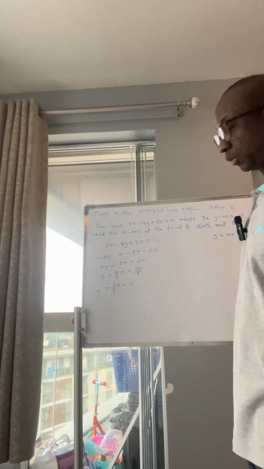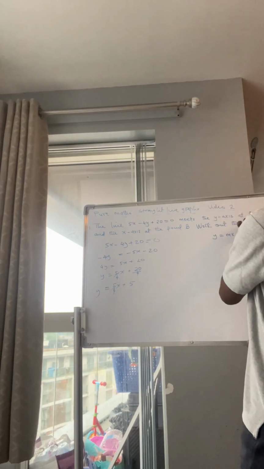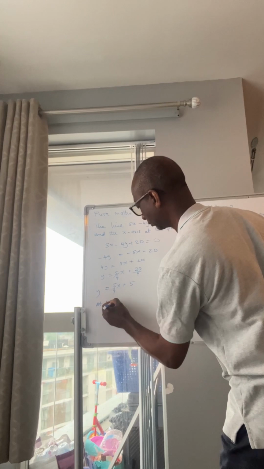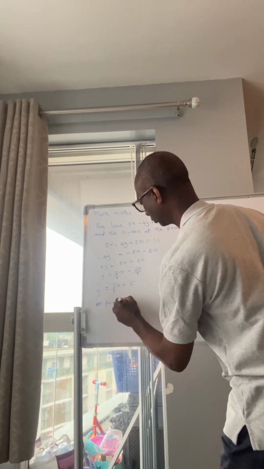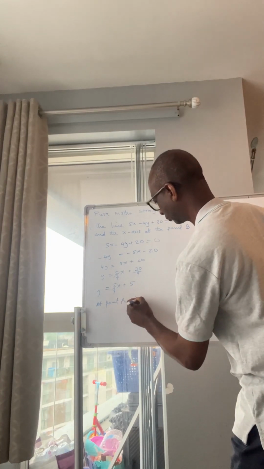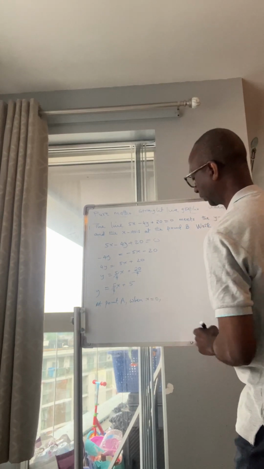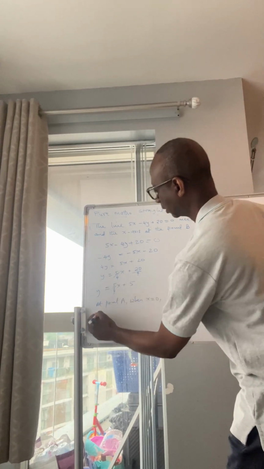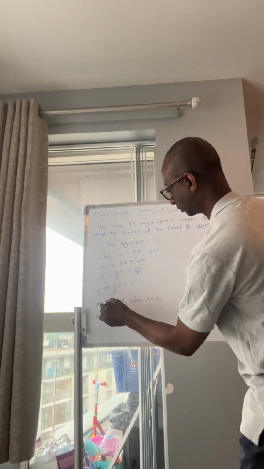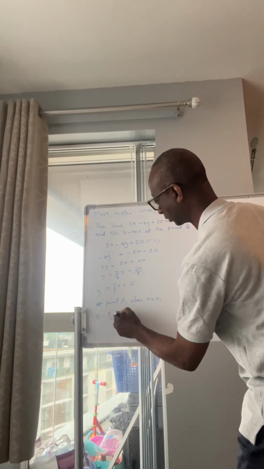You are now looking for the coordinates of y at point A. When x is 0, then y will be equal to, everything here now goes to 0. 5 all over 4 multiplied by 0 plus 5.